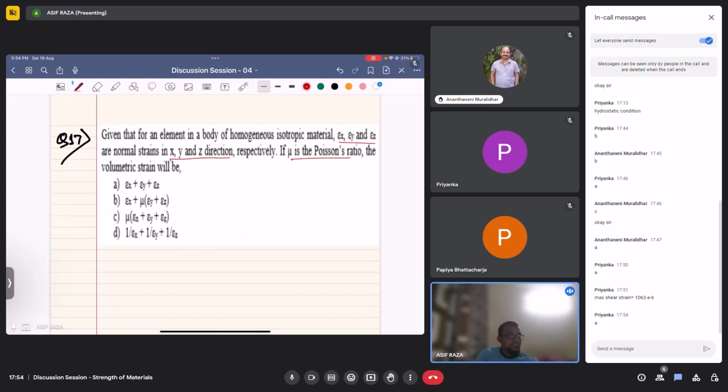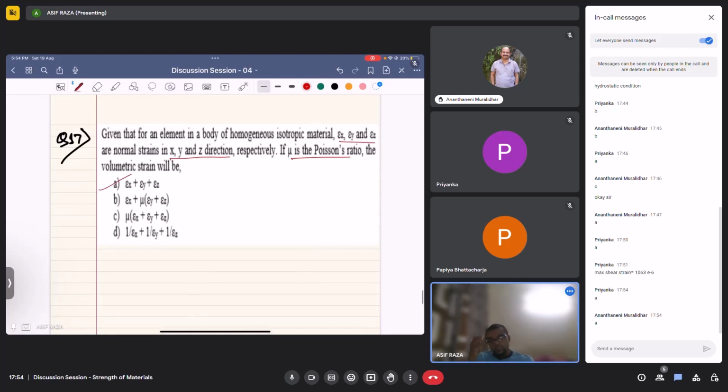Yeah, so I hope Priyanka is already with the answer. We have said this formula almost 3 times. So answer is option A. Volumetric strain is given by this relation epsilon x plus epsilon y plus epsilon z.